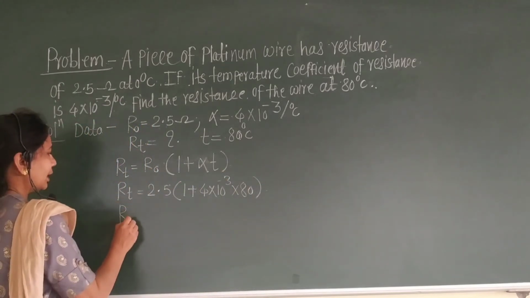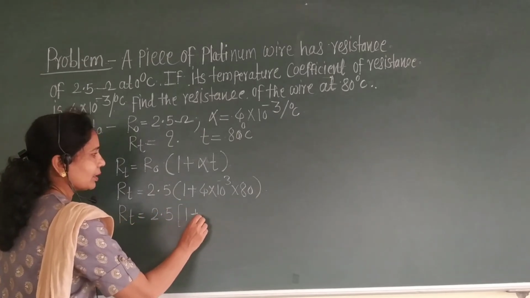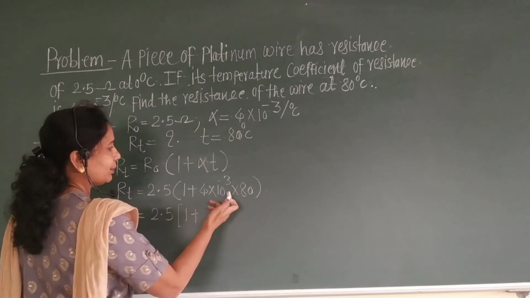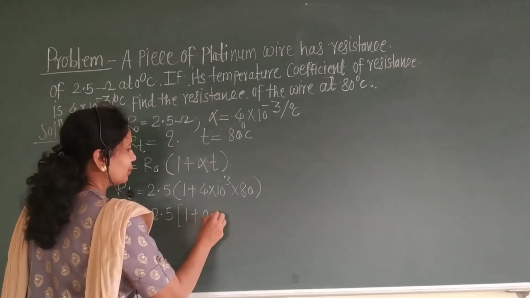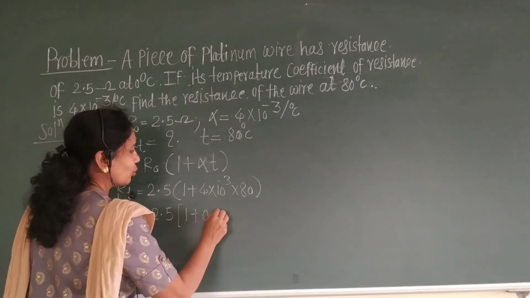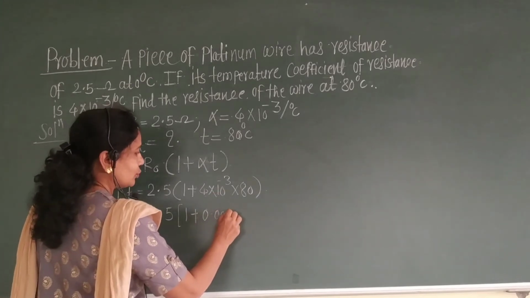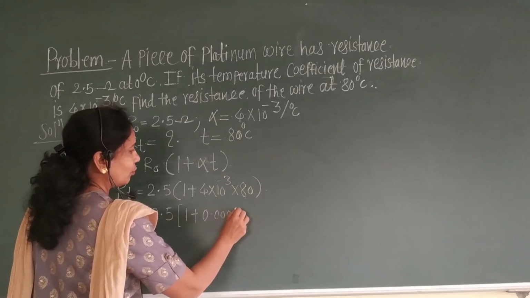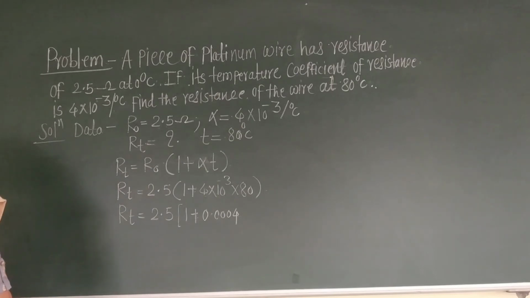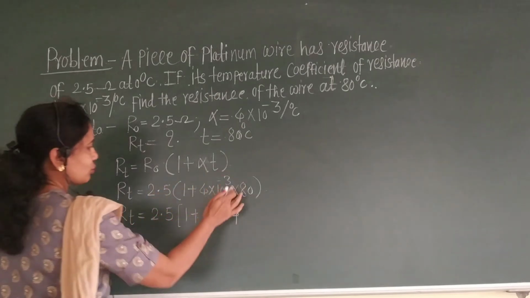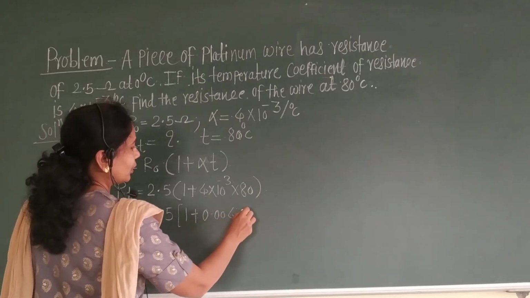Therefore, RT is equal to 2.5 into 1 plus, we multiply 4 into 10 raised to minus 3 into 80.